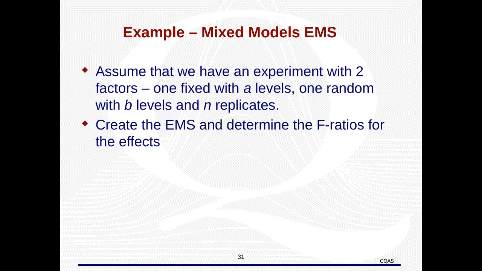In our example, we have two types of effects, fixed and random. We'll use the rules for mixed models to calculate the EMS for each type of effect. This will enable us to compare the observed mean squares with their expected values and make informed decisions about the significance of each effect. Now that we've set up our example, let's proceed to the next step in calculating the EMS contribution for each factor.